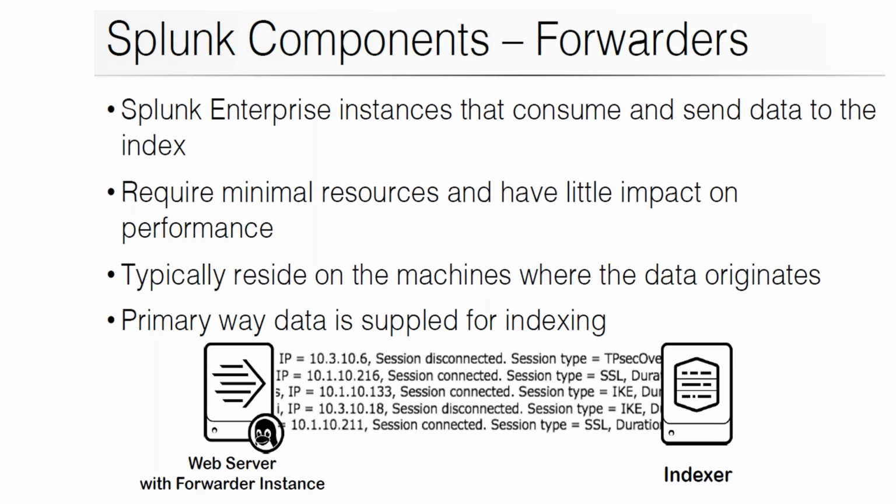I can easily deploy a forwarder there. A forwarder is a very minimal, very lightweight application that will be residing on that server. For example, where the firewall is running, or where a web server is running, it will reside there. It will be reading that log file, capturing it, and sending it to Splunk. That's what the forwarder is doing.